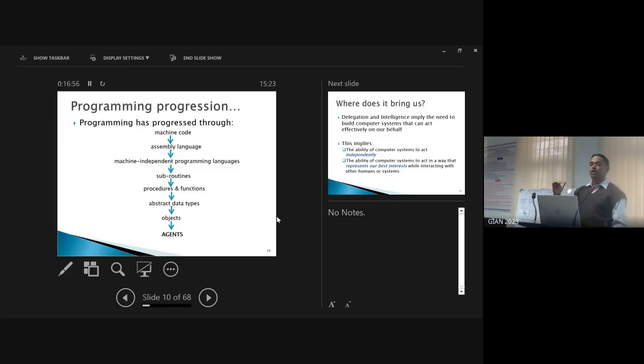Putting a layer on it, you find machine-independent programming languages like Fortran and COBOL, where you can write code and that code can be transferred from one machine to another and executed. So these are not dependent on any physical machine.